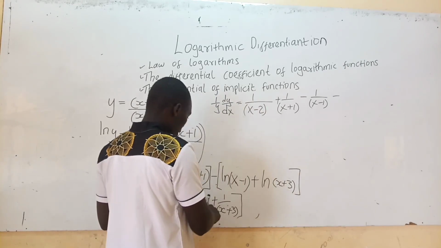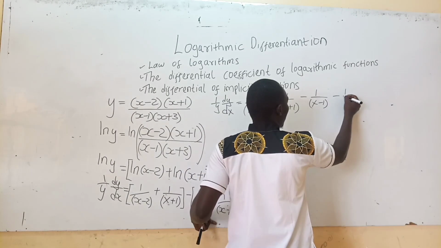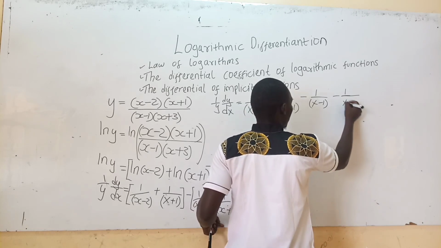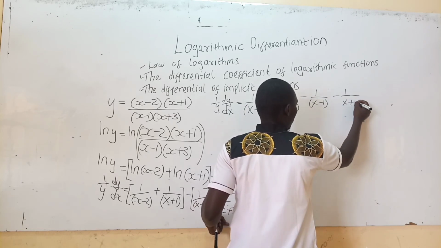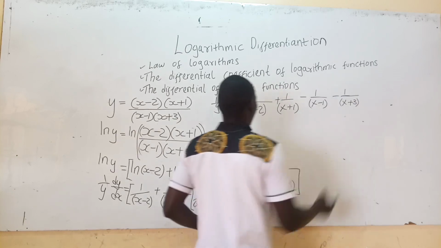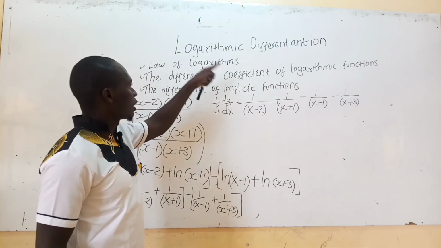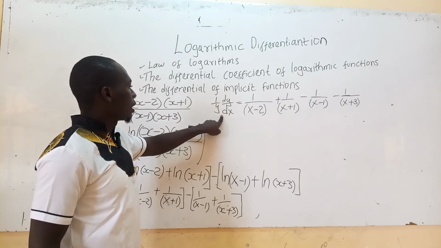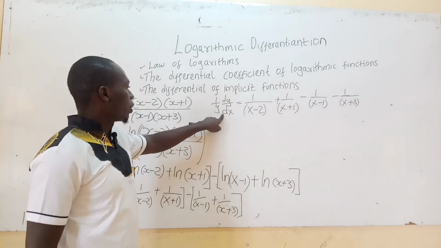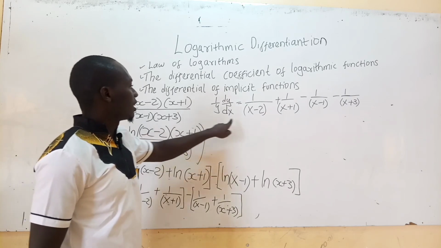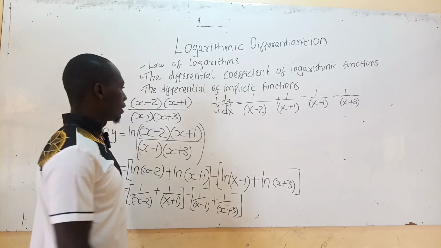When we open the bracket here, we are going to have 1 all over. Since it was differential of a logarithmic function, we are going to have dy with respect to dx here and take the term of y to the other side.